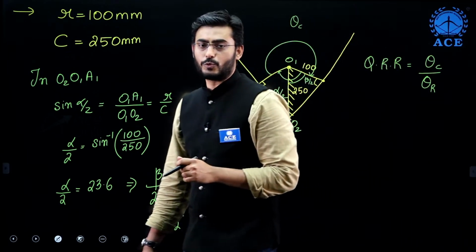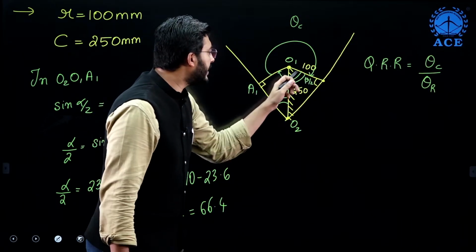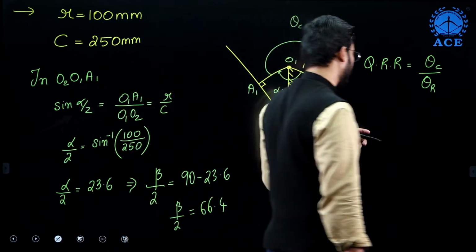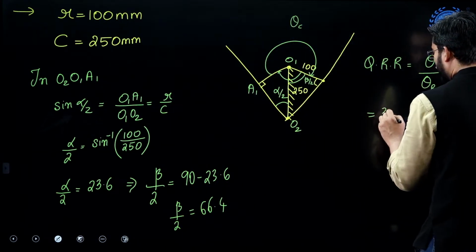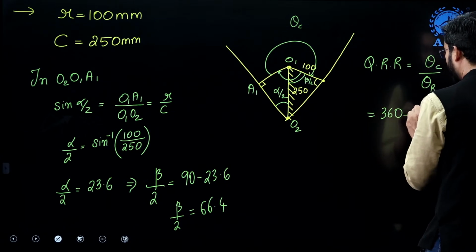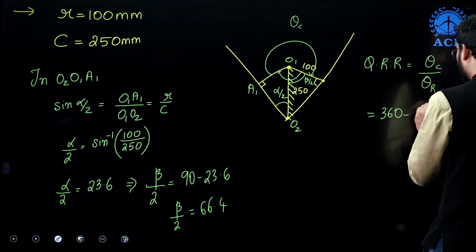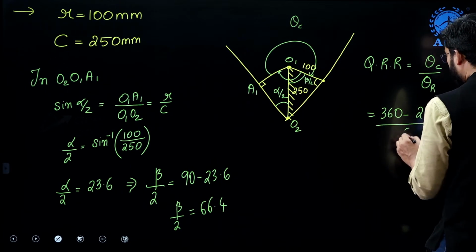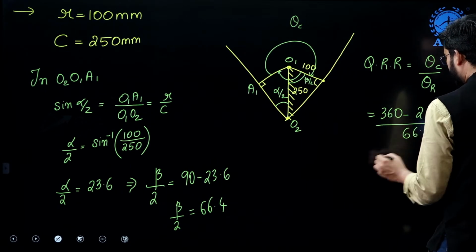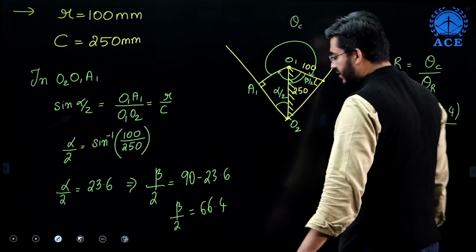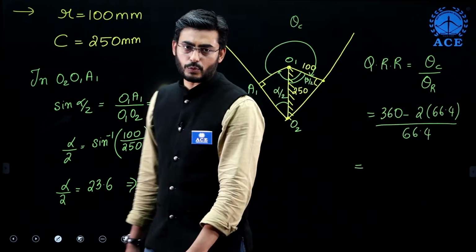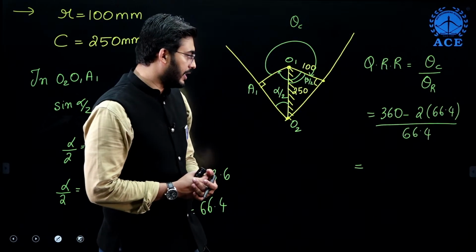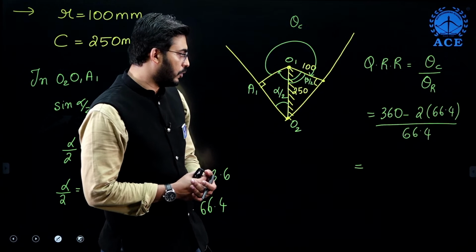So theta cutting is what? The complete angle is beta and this above angle will be 360 minus beta. Beta is 2 times 66.4, which is almost 133 or 134.